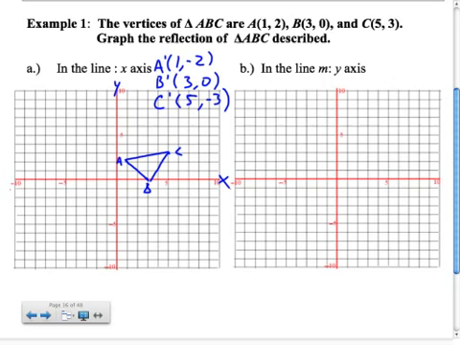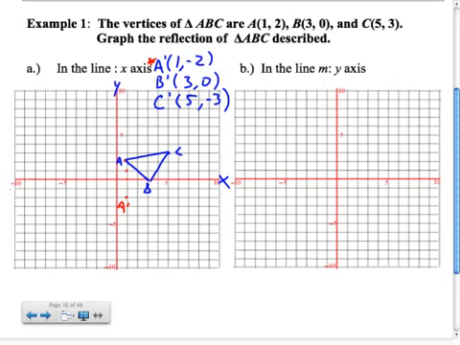When I say count, that means I start at point A and count how many units it takes me to get to the x-axis. I have to go down 1, 2. That tells me I have to keep going below the x-axis 2 more. You'll notice A prime here is the point (1, -2), which is exactly what we got up here.